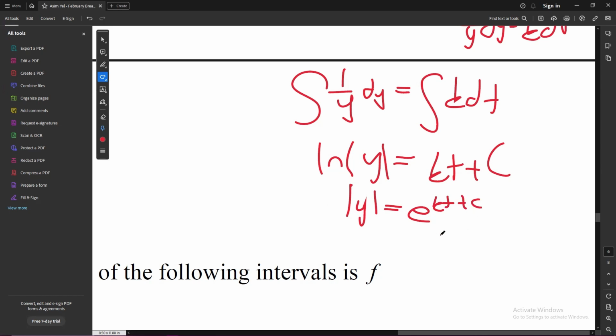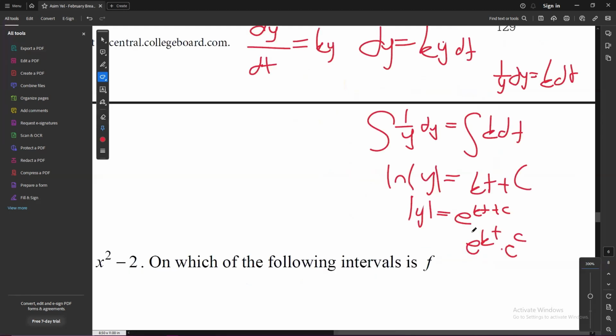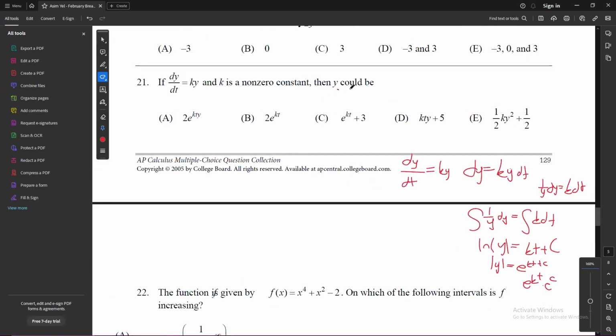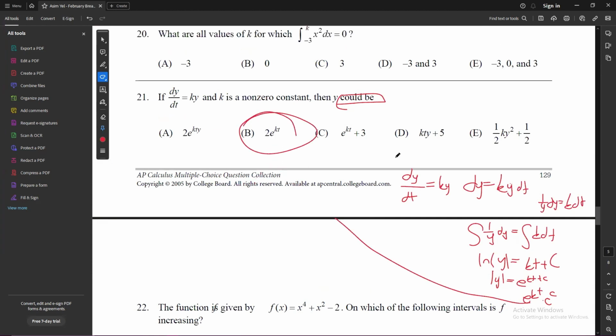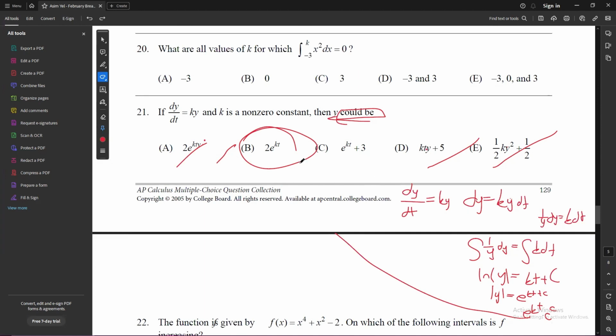I can also write this as a to the power of k times t times e to the power of c, and since it's asking what it could be, we're actually multiplying it with something, and this could be b. So we just get rid of these answer choices since they have y in their answer, because they're asking for y and we shouldn't have y in the answer choice. For this, we're not adding, we're actually multiplying it, therefore it has to be b.